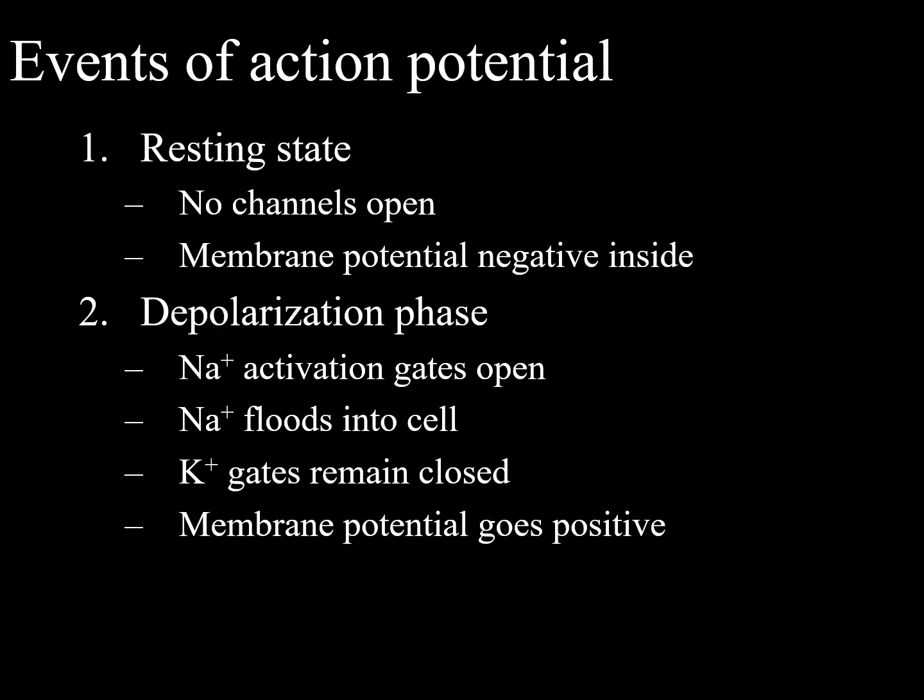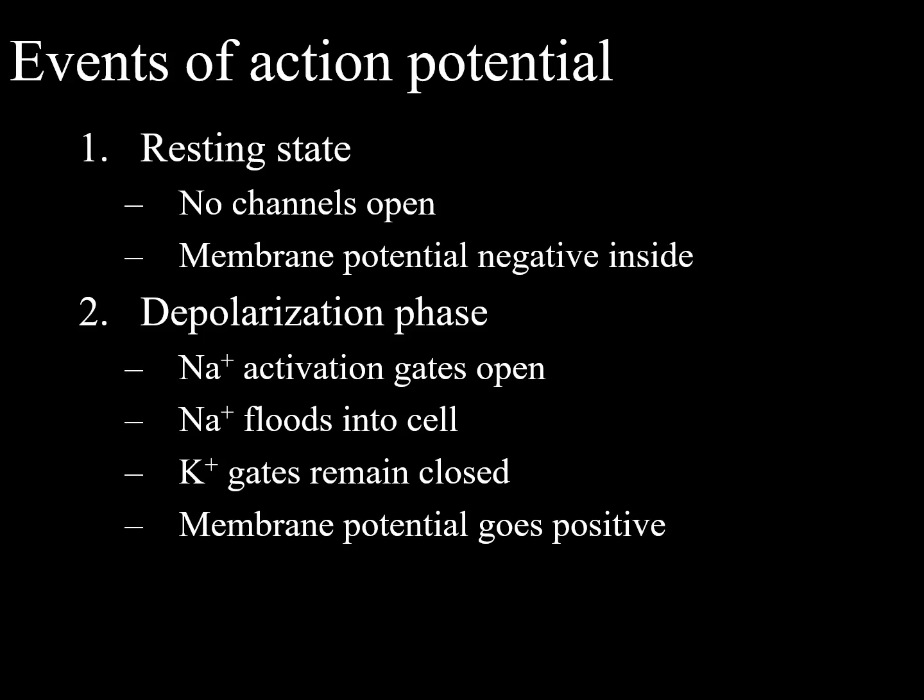Then once the action potential starts, the first part of the action potential is the depolarization phase, and when that happens, there are sodium gates that open that allow sodium ions to flood into the cell. Now, think about what that means. We just said that the inside of the neuron was negative. Now we're letting a bunch of positive ions flood into it.